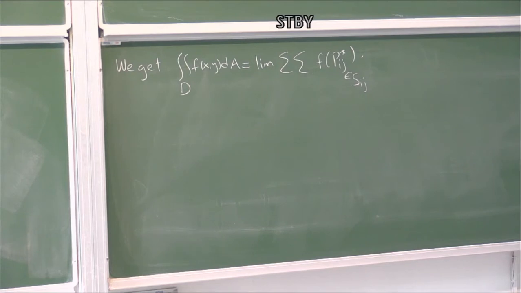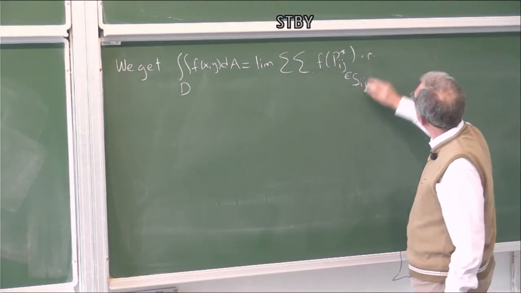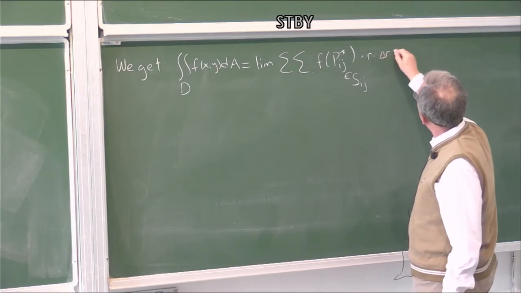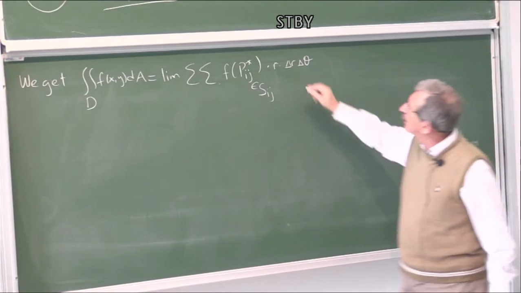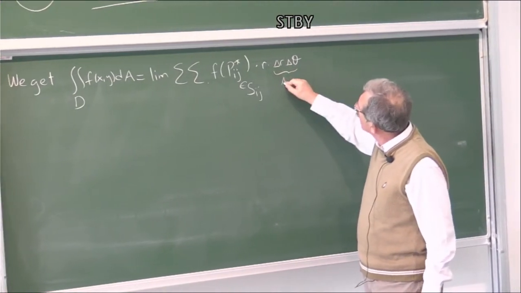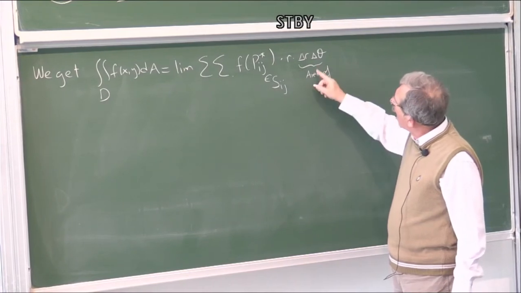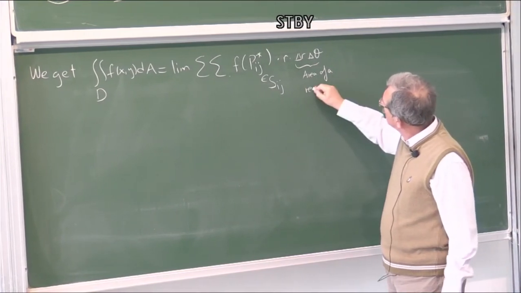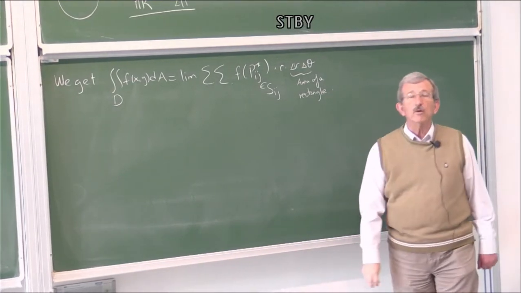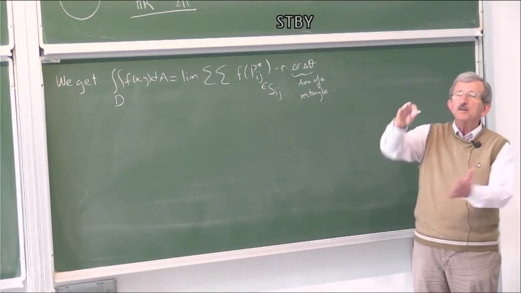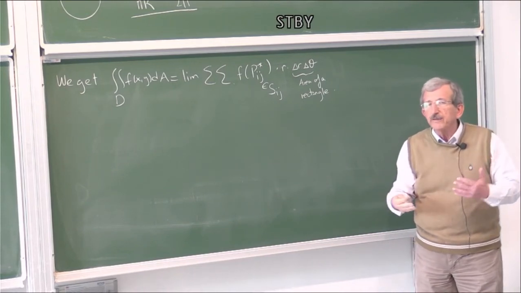Well, the area of S_ij was nothing but r times delta r delta theta. Now, note that this is the area of a rectangle. One side is a difference of r's, the other side is a difference of thetas, but not in the xy system.